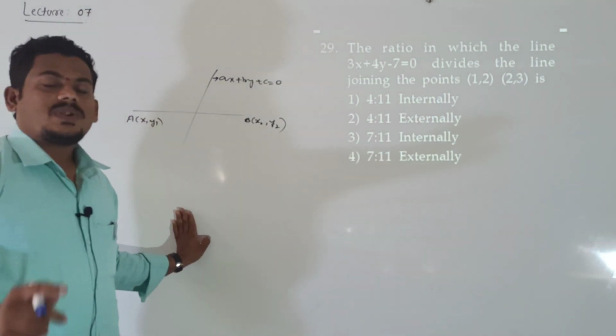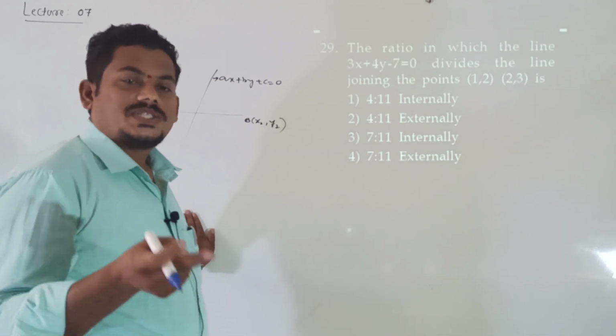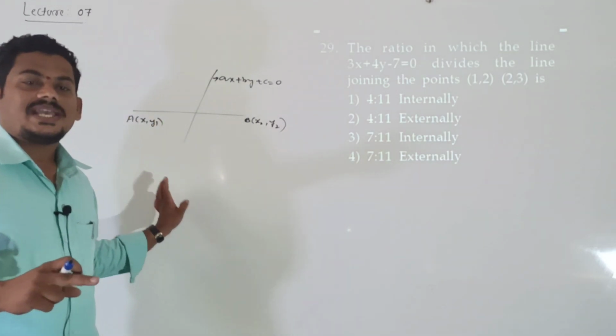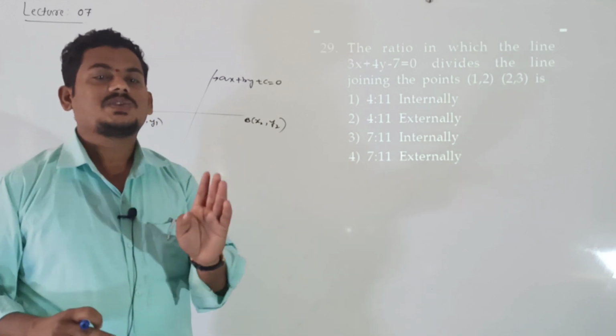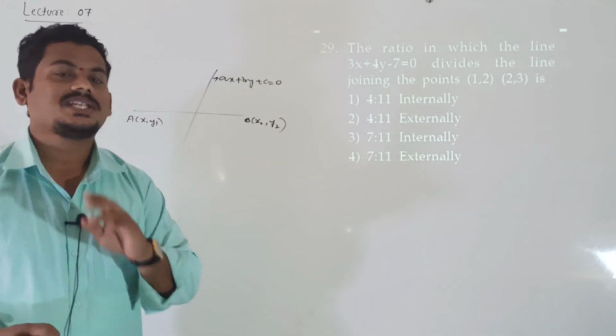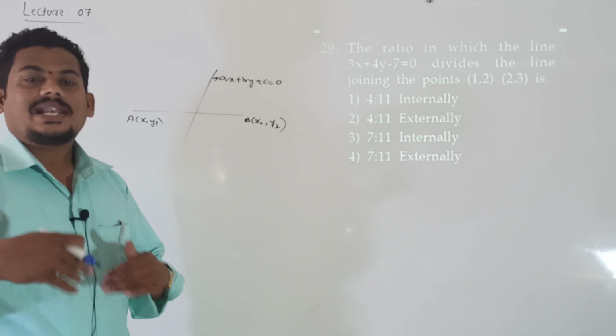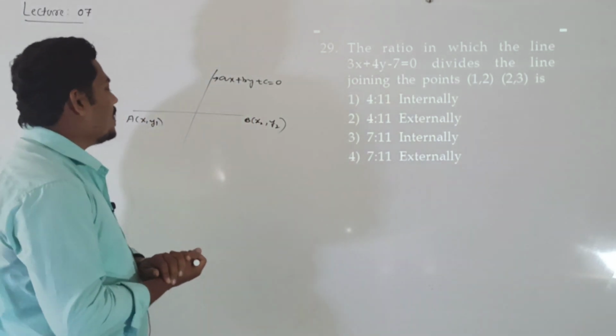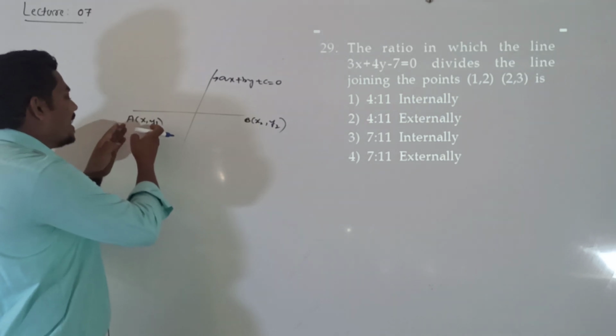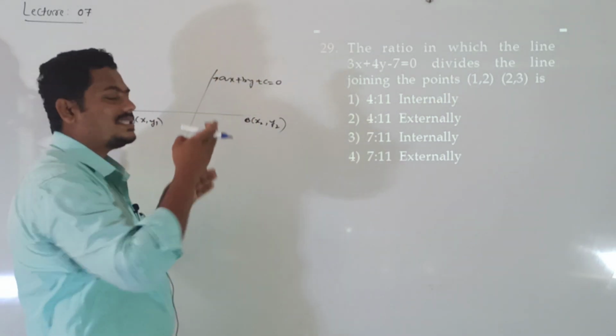The line ax plus by plus c equal to 0 divides the line joining A of x1 y1 and B of x2 y2 in the ratio of minus L11 is to L22. Already you know the notation L11 and L22. What is L11? L11 means if you put x1 y1 in the given line, that is L11.